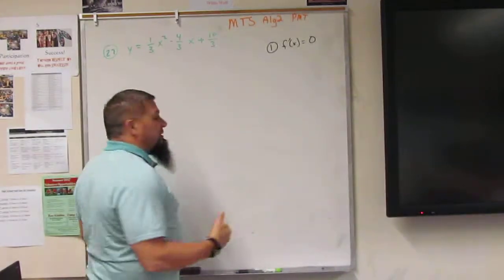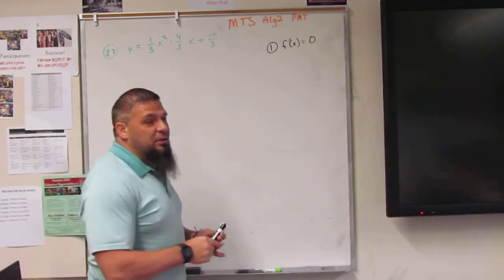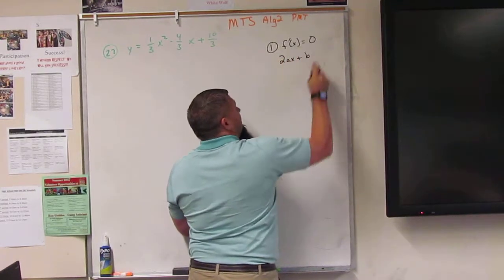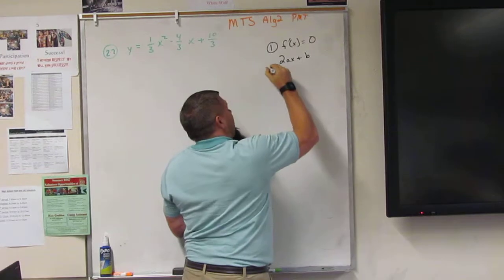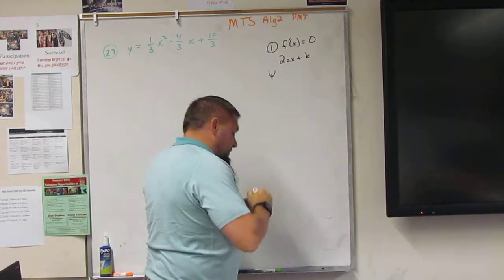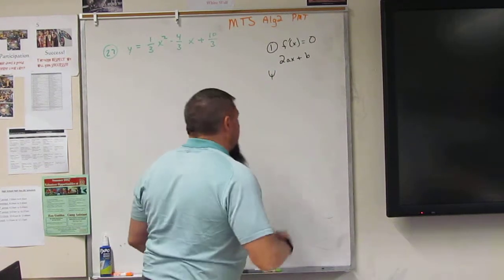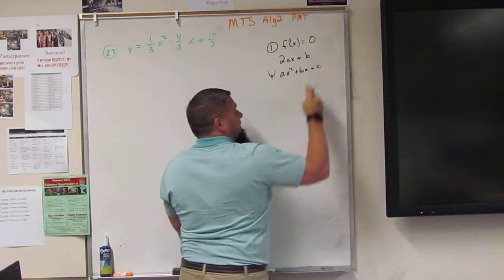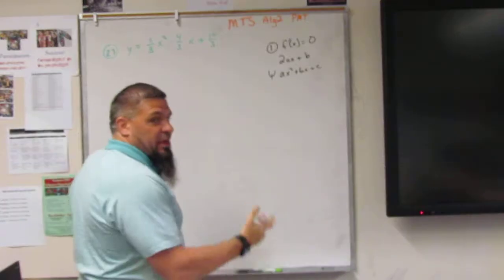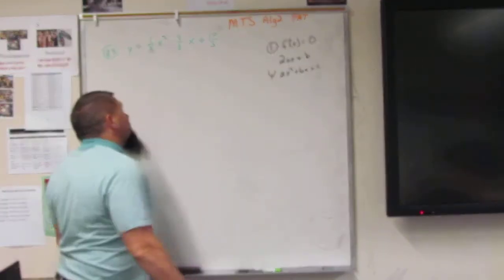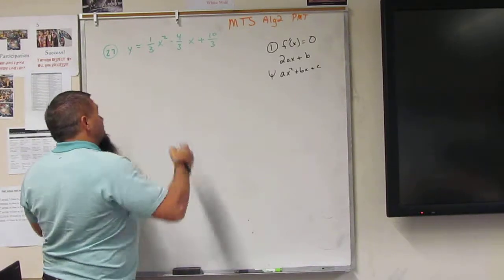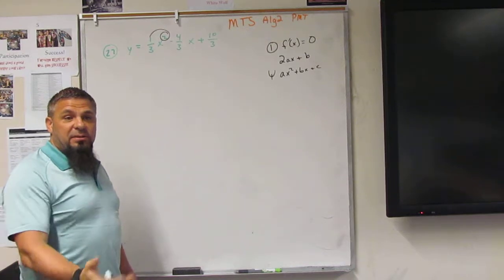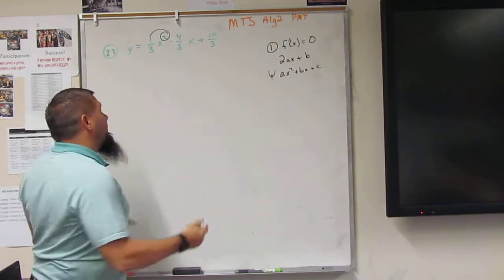The derivative can also be looked at as 2ax plus b, whereas ax squared plus bx plus c is your quadratic, of course, right? Your derivative is technically just the exponent times the coefficient, right? And then you take 1 away from the exponent.